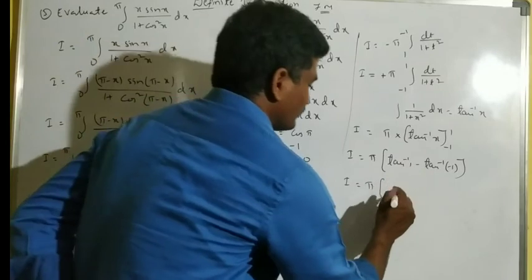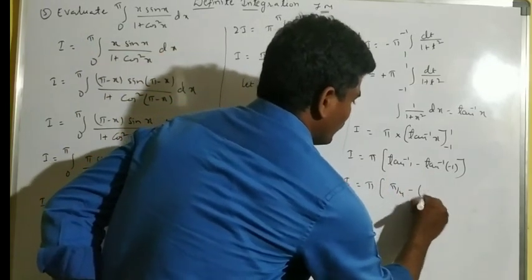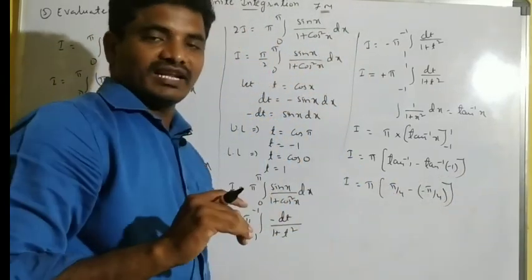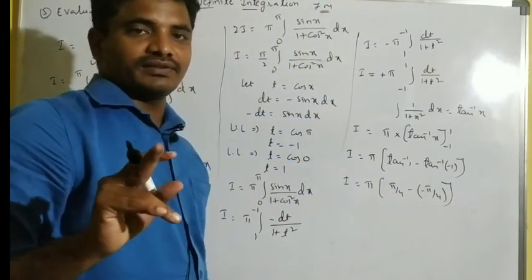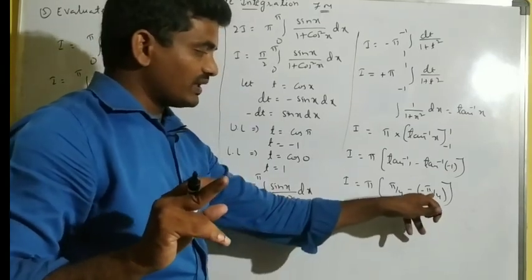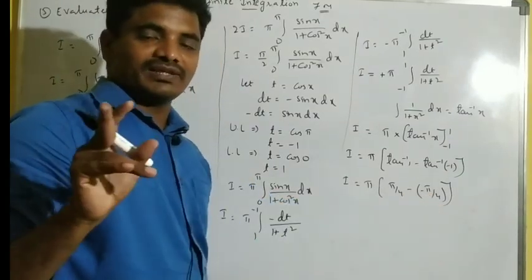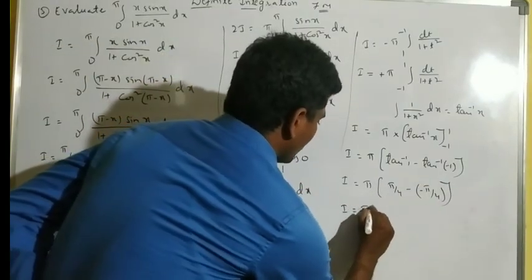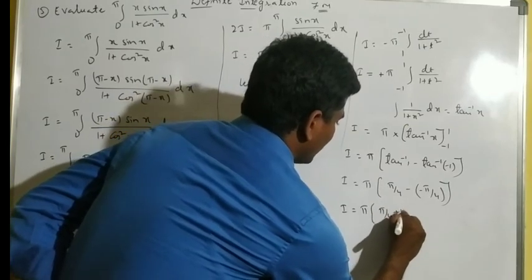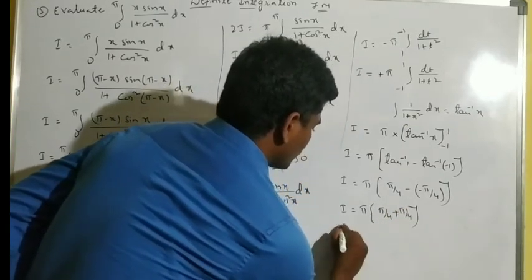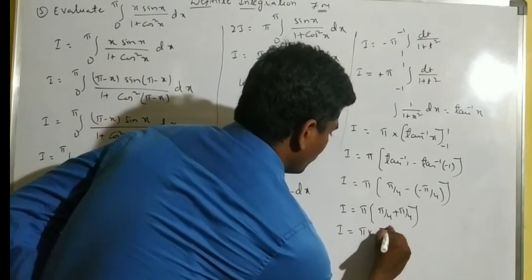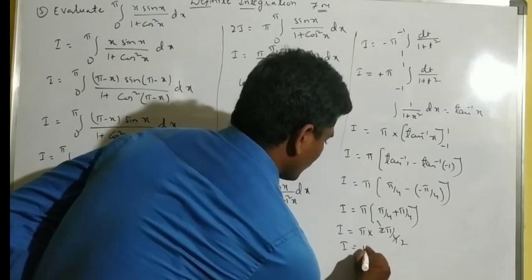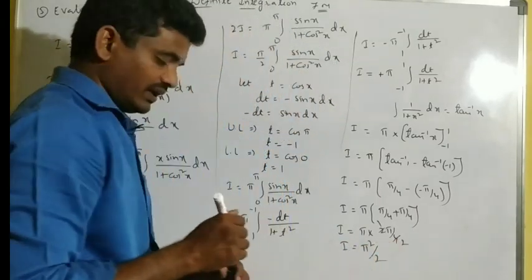So we get pi by 4 here, and minus pi by 4 here, because in the tan table at 45 degrees we get 1. So 45 degrees we can take as pi by 4. Here minus of minus is plus, so I equals pi into pi by 4 plus pi by 4, that equals pi into 2 pi by 4, which is pi square by 2. Like this we can solve.